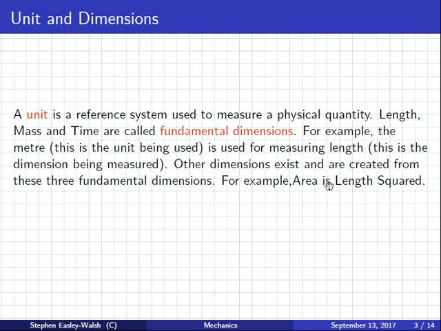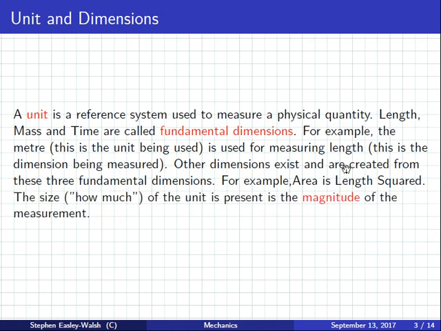So just to be clear with the English, meter is the unit for measuring length. The dimension is length. The difference between unit and dimension: unit is what you use to measure it, like for example meter. Dimension is the thing you want to measure, in this case length, or length squared. They're nearly the same thing.